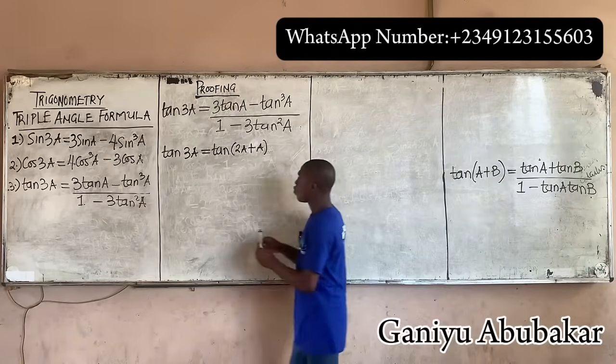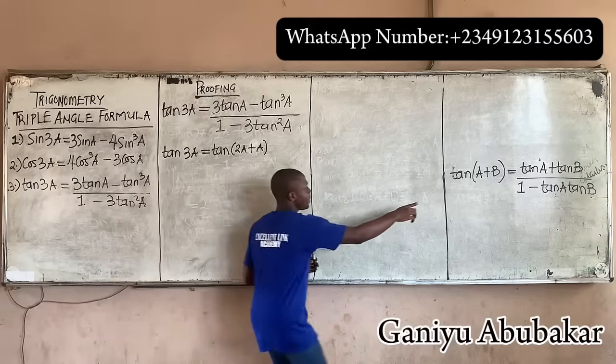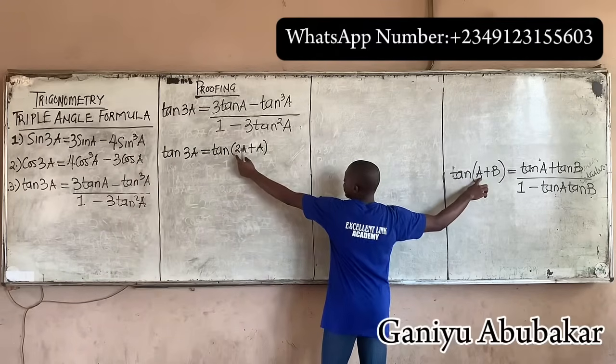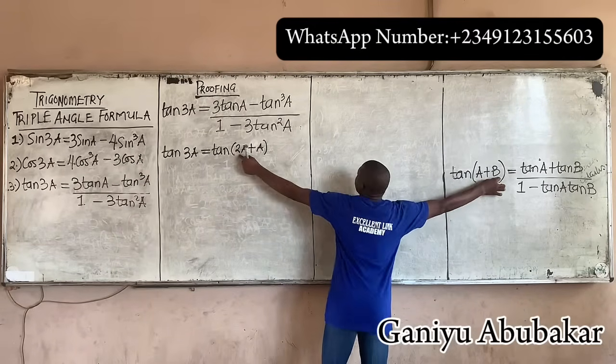In this case, I'll just compare. This A is this 2A here. The position of B is A here.